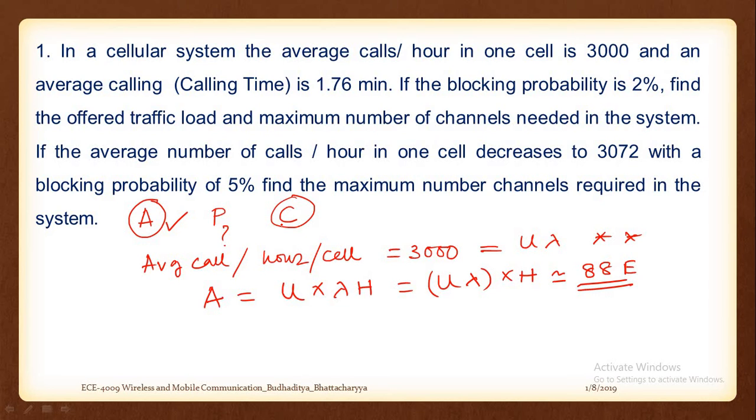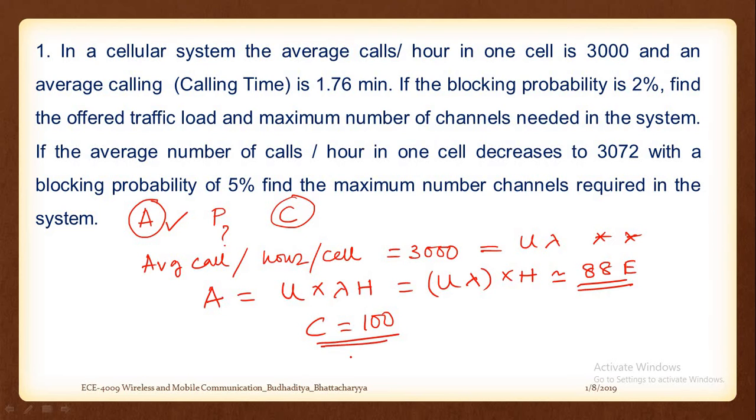People at the back, the total number of channels I need. If you have an intensity of 88 Erlang, you have 2% blocking probability. What will be the total number of channels? So your channel count is coming around 100.